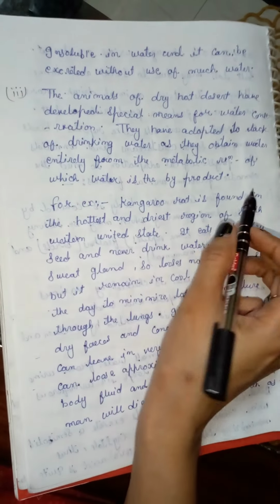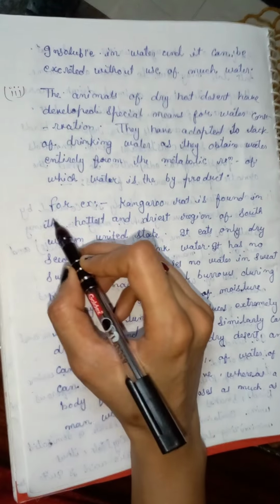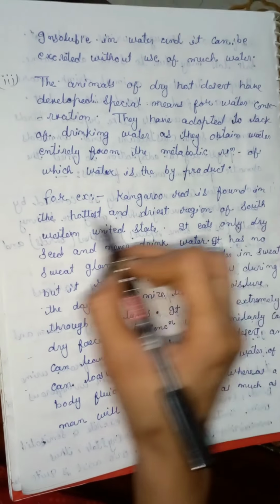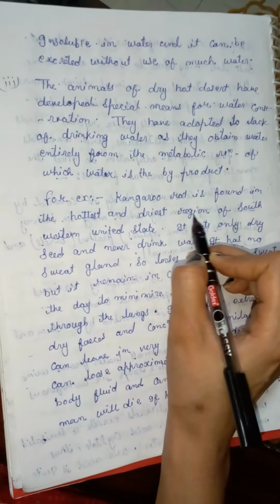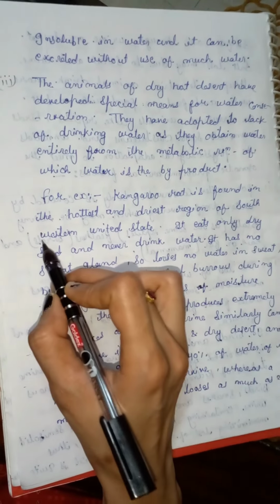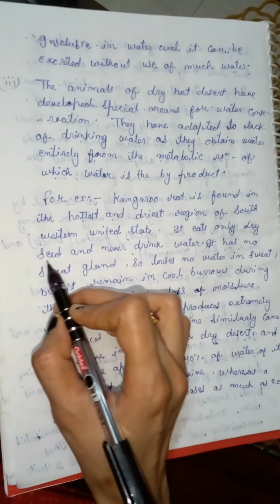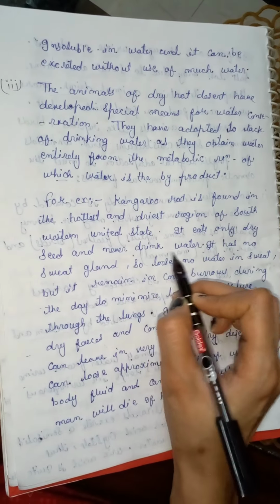For example, the kangaroo rat is found in the hottest and driest region of southwestern United States. It eats only dry seeds and never drinks water.